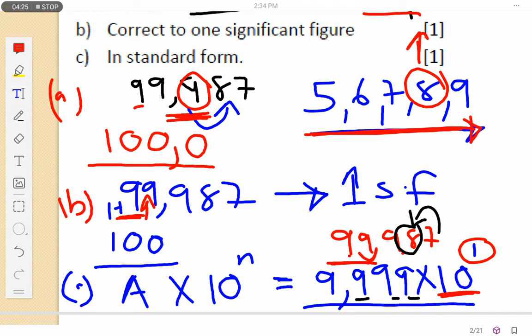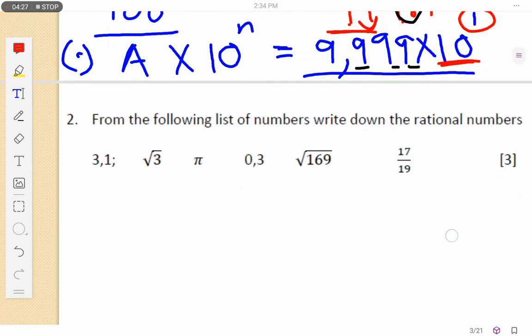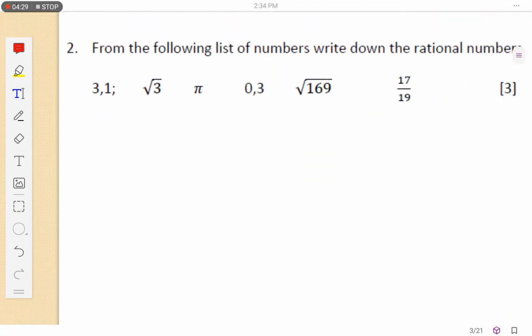Okay, let's go to the next number. This number is asking us about rational numbers. A rational number is any number that can be written as a fraction where both the numerator and the denominator are integers, and the denominator is not equal to 0.